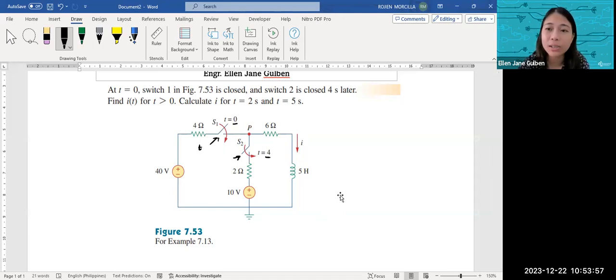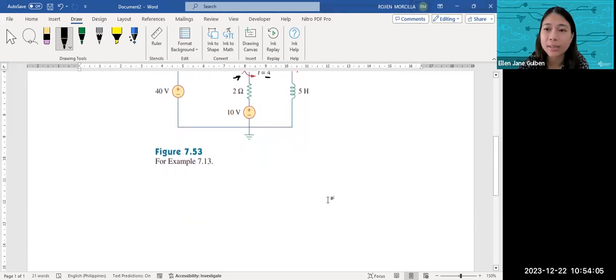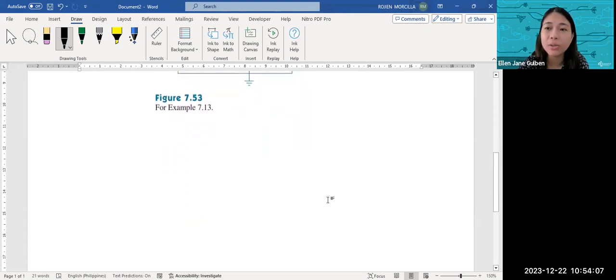So first, to help you analyze the circuit, we are going to create different timelines and also redraw the circuit.